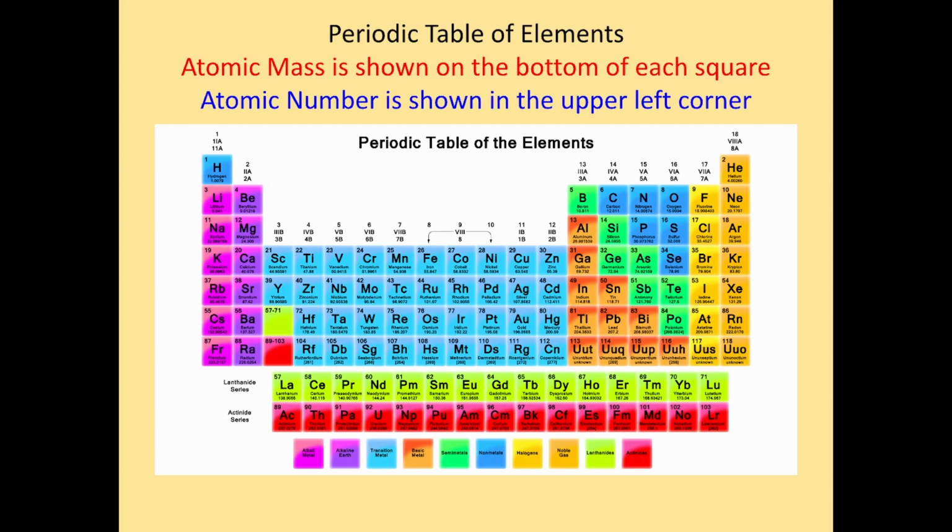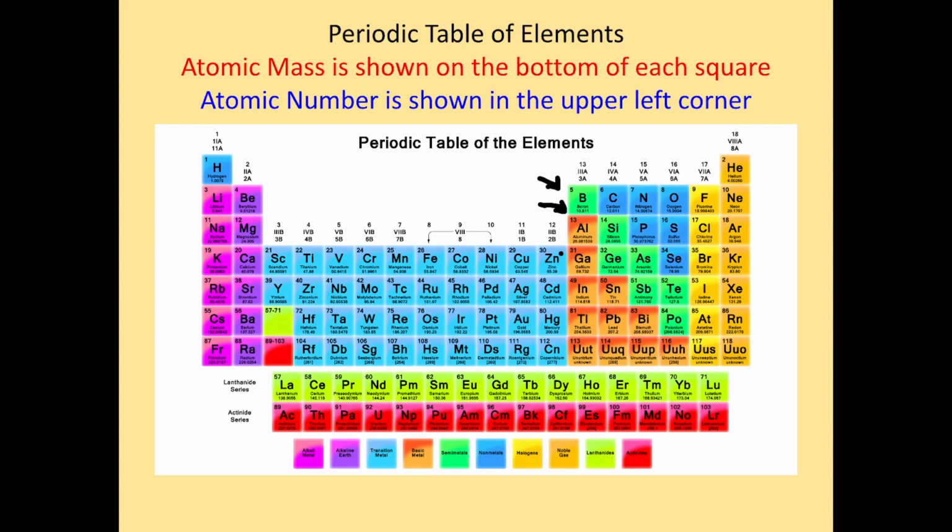And then out of left field, we have the periodic table of elements, which this is an old one. The atomic mass is down at the bottom, and the atomic number is at the top, and that is standard nowadays for most periodic tables, that the atomic number is going to be at the top, the atomic mass down at the bottom.